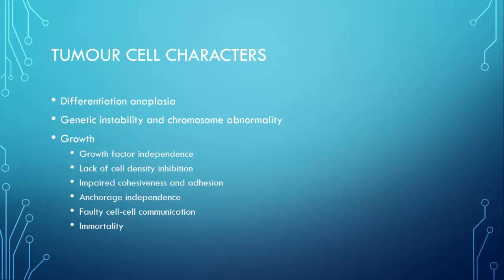They don't become inhibited by the number of cells around them, so they lack cell density inhibition. They are able to break off, so they have impaired cohesiveness and adhesion. They aren't necessarily tied to the membrane, and they don't listen to other cells and what they're telling them, and most importantly, they become immortal cells.